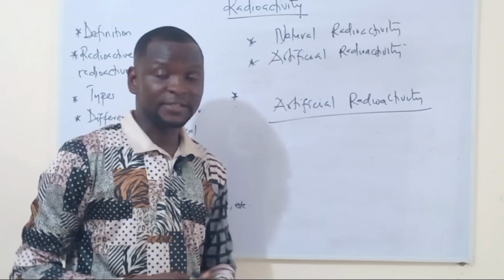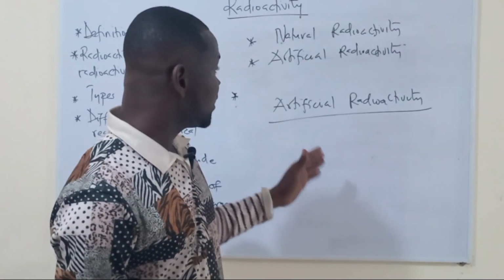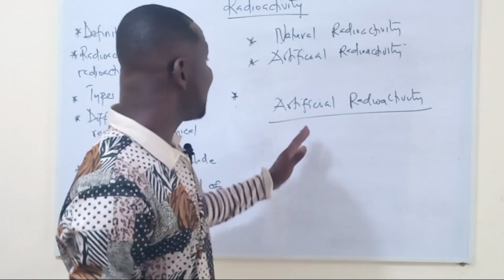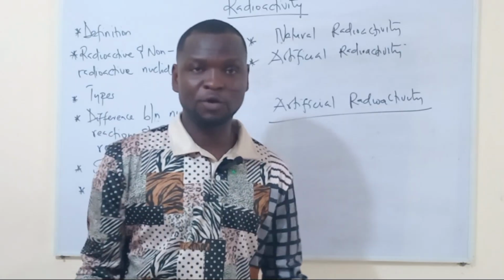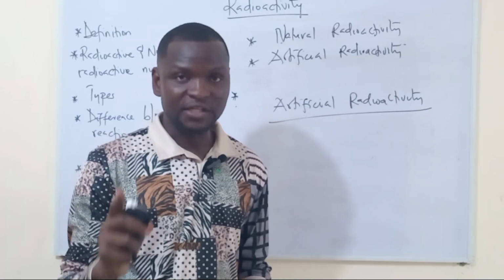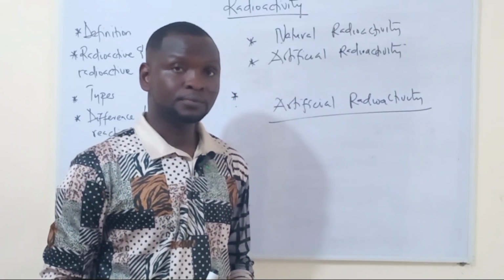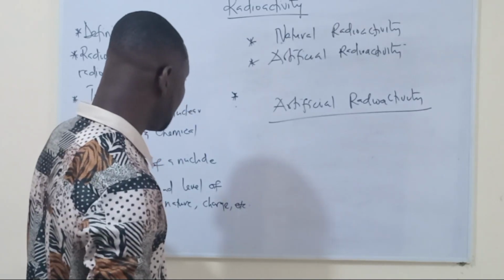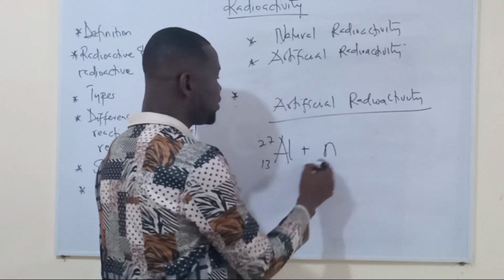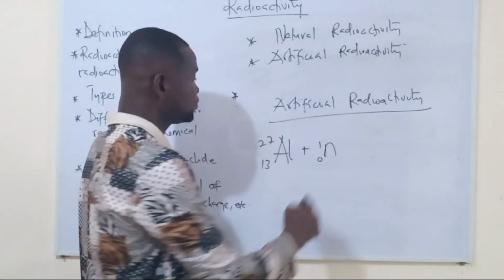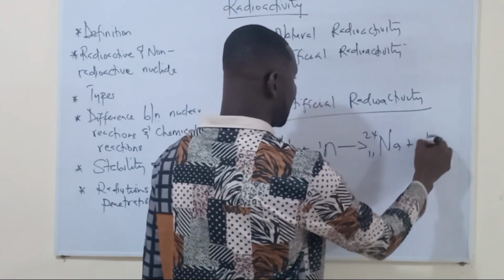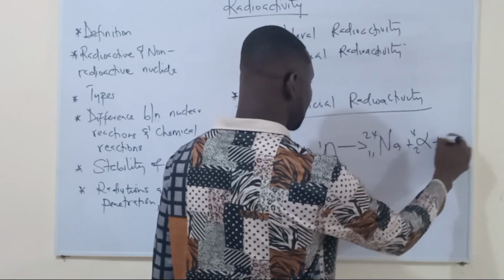What is artificial radioactivity? Artificial radioactivity is the disintegration of a lighter nuclide after it has been bombarded with a subatomic particle to give us other nuclides accompanied by the emission of radiations and energy. So, for example, aluminium. We bombard aluminium with a neutron, and we are going to produce sodium, an alpha particle, and then energy.